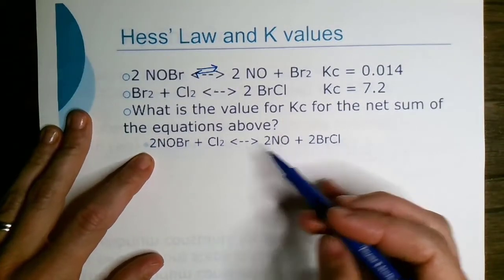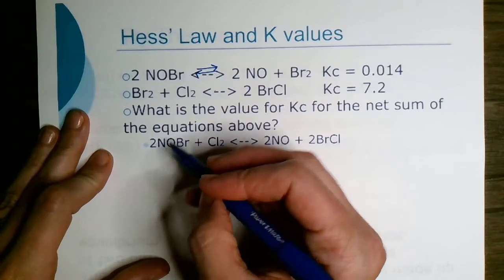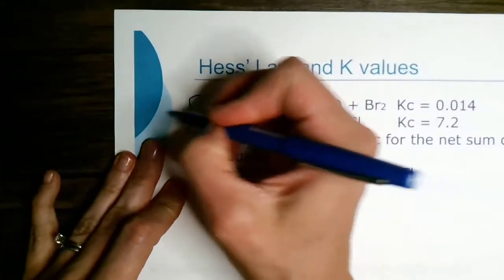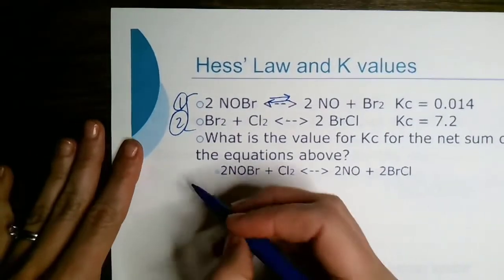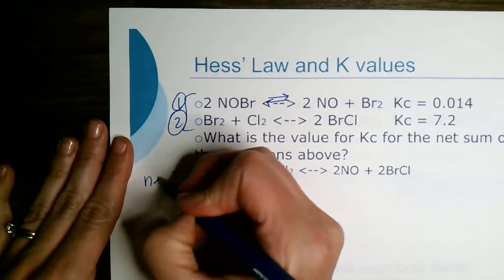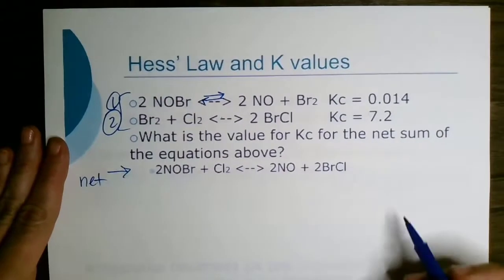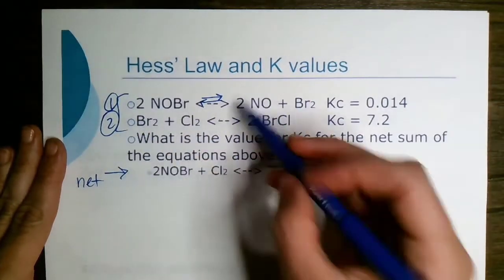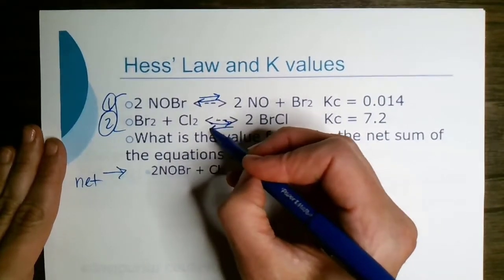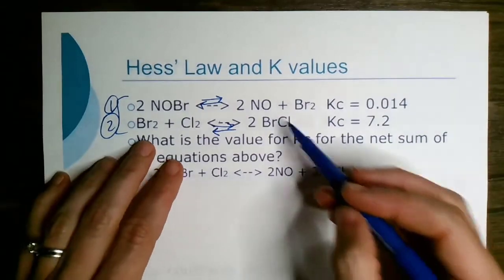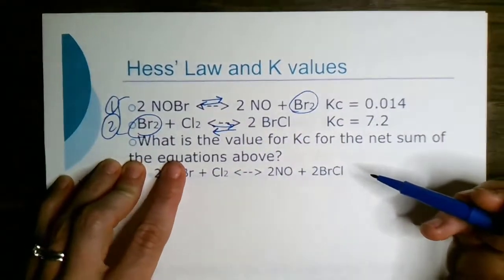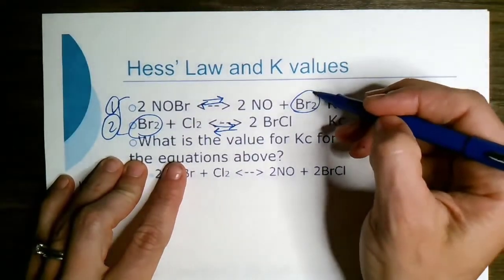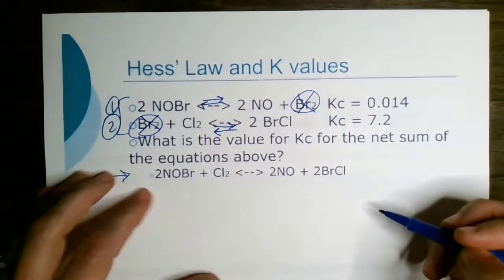So if I'm looking at my net equation, here's my elementary equation 1, elementary equation 2. This is my net equation. So if we look at this, I've got Br2 and Br2 on opposite sides of my arrows, so we're just going to cancel them out.